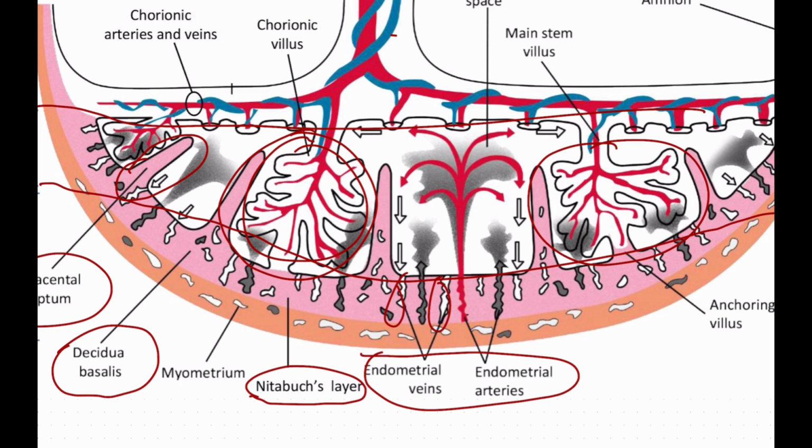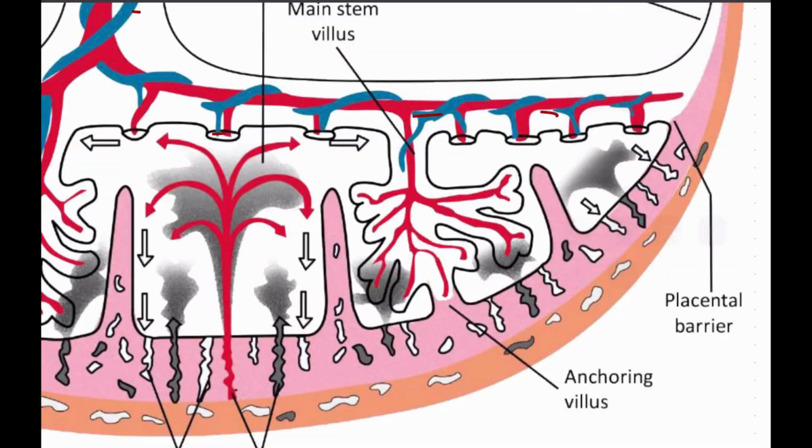Then you have the endometrial arteries, the ones that are here. They connect to the spiral arteries, which deliver blood into the intervillous space of the placenta, and this blood bathes the chorionic villi, allowing for exchange of oxygen and nutrients between maternal and fetal blood.